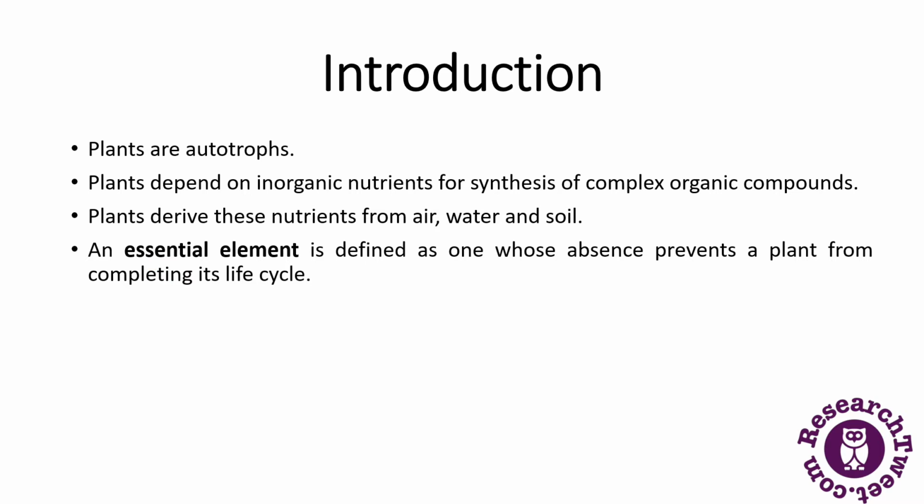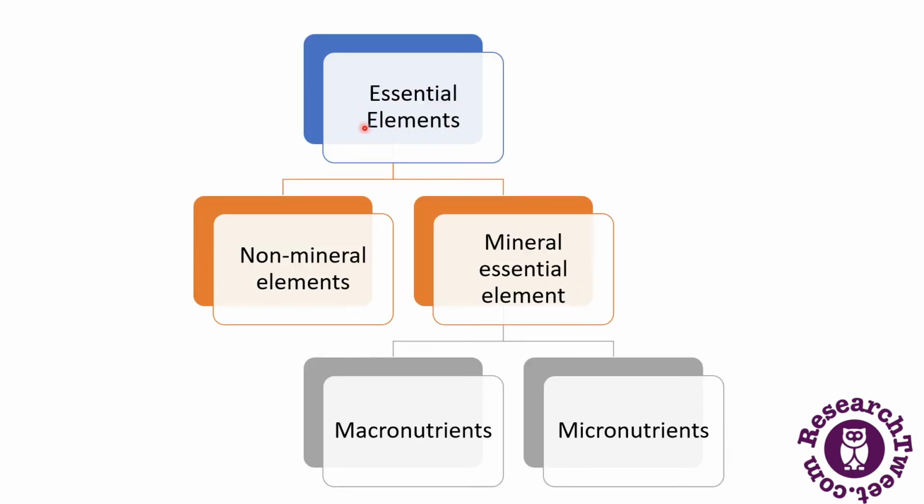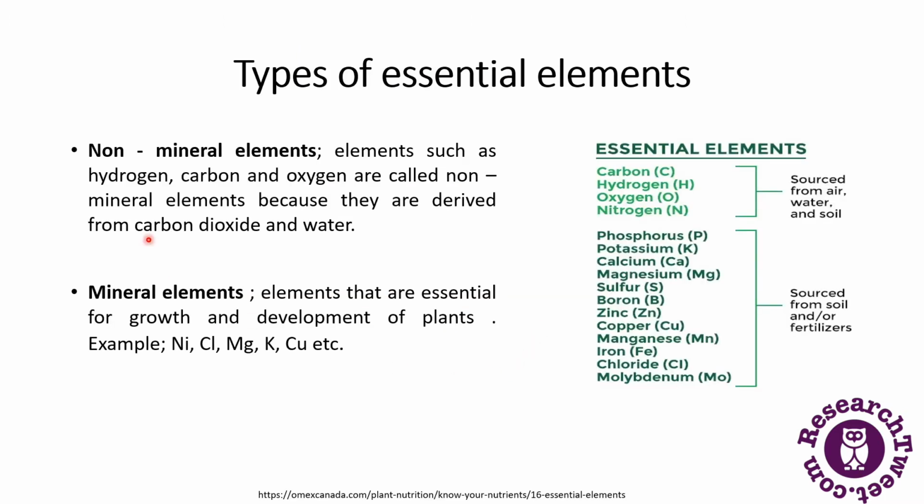Now essential nutrients are divided into two parts, non-mineral elements and mineral elements. The mineral elements are divided into two parts, the macronutrients and the micronutrients. We will first discuss what the non-mineral elements are and what the essential mineral elements are.